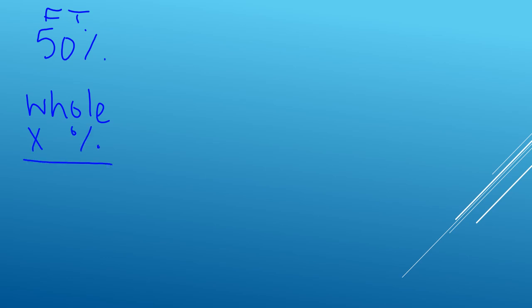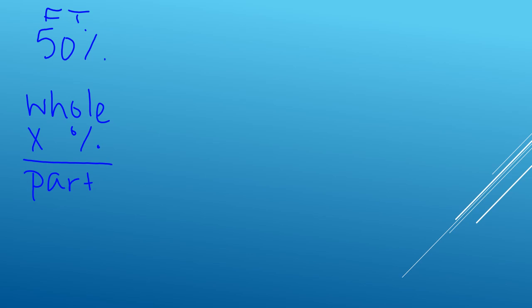So we know he spent 50% of his time practicing free throws. Now I'm going to use this formula, which is whole times percent equals part. The thing is that I cannot use a percent. I'm going to have to convert it to a decimal first.